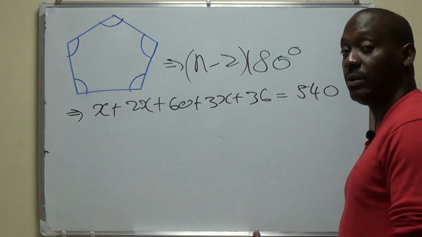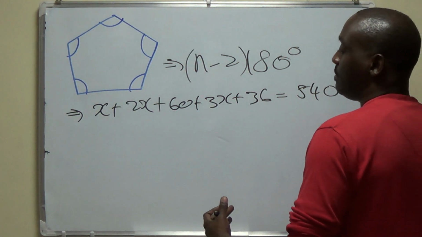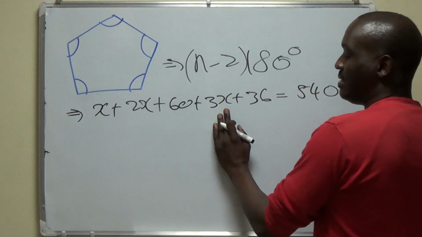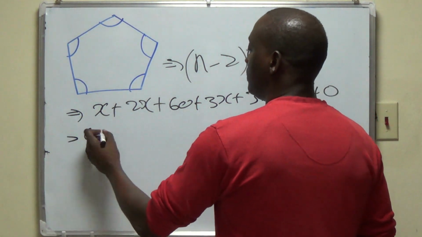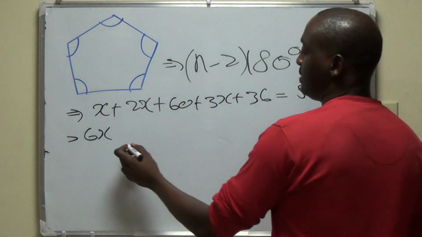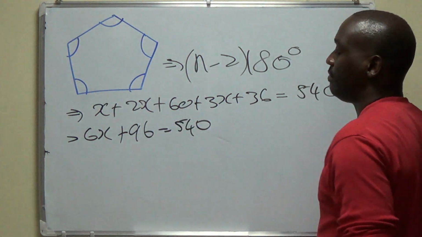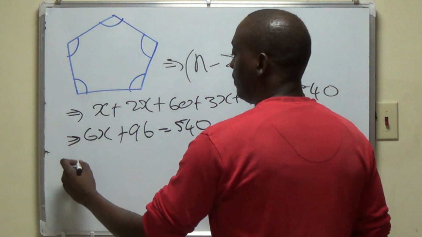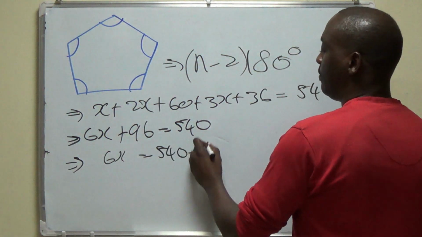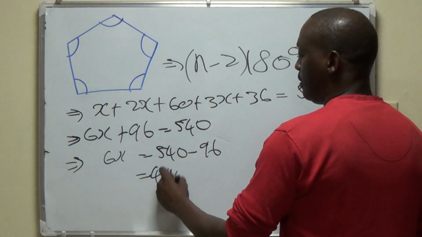So just as we would do in our regular algebra, we take all the like terms and bring them together. x plus 2x is 3x, 3x plus 3x is 6x. So 6x, then you have 60 plus 36 is 96. 6x plus 96 is equal to 540, which means therefore that 6x will be equal to 540 minus 96. 540 minus 96 is 444.